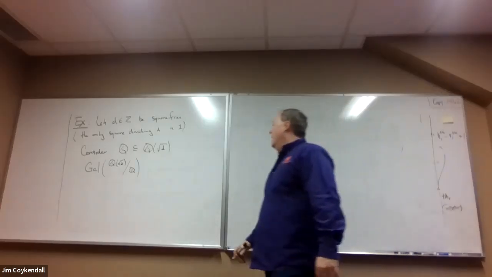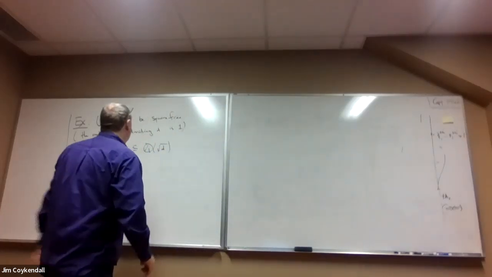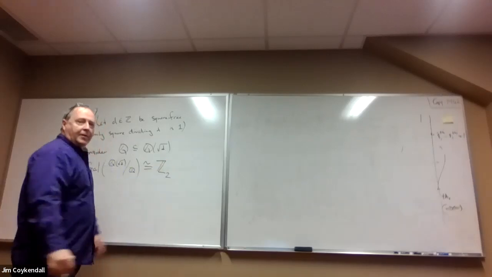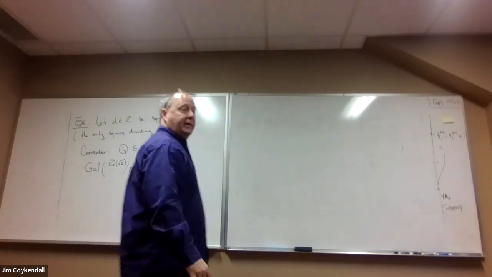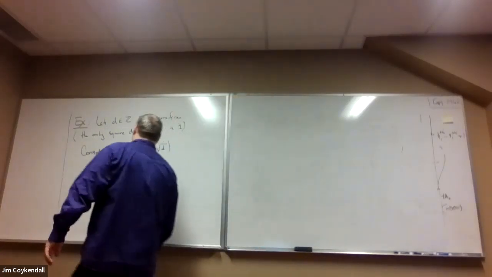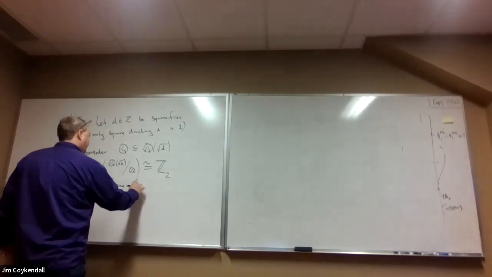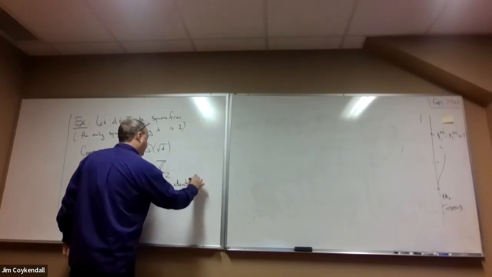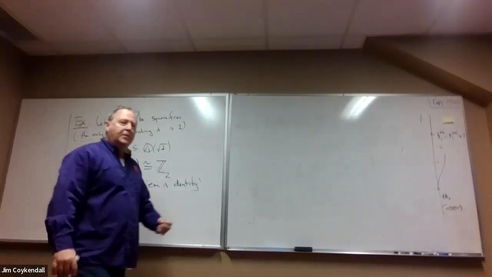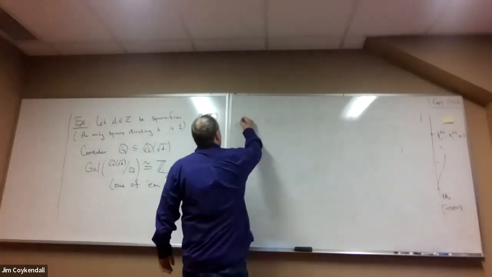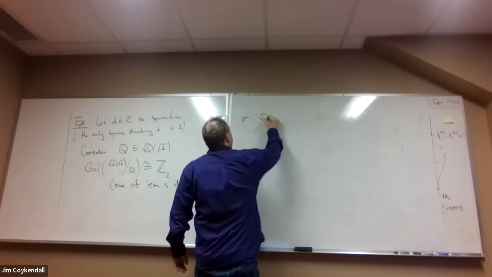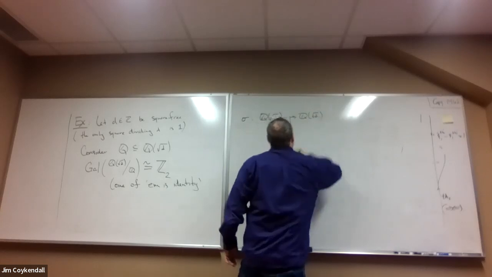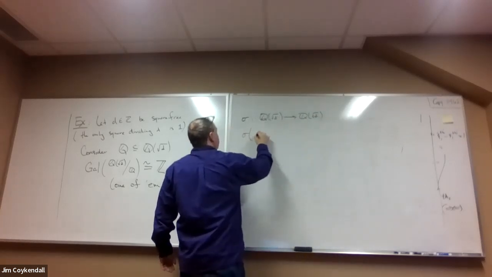It's Z2. Let me tell you what the automorphisms are. Let me give you the spoiler here. There are exactly 2 automorphisms here. One of them is the identity. So that would be one more. Here's the non-trivial one, sigma.